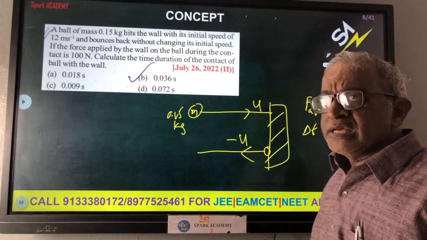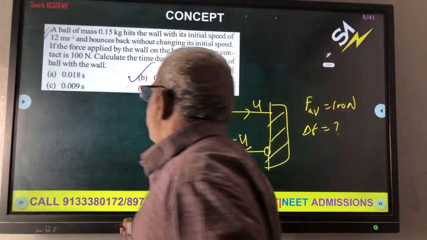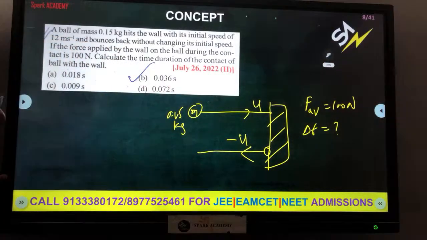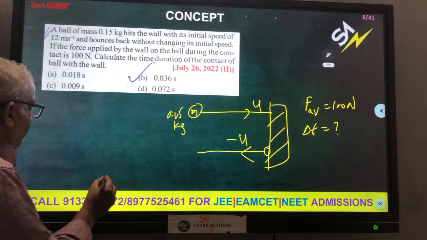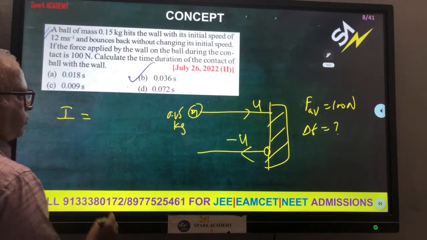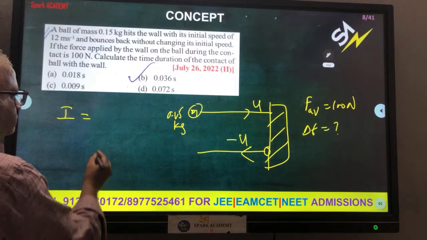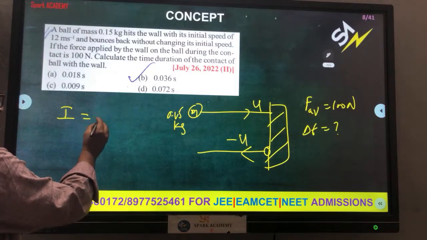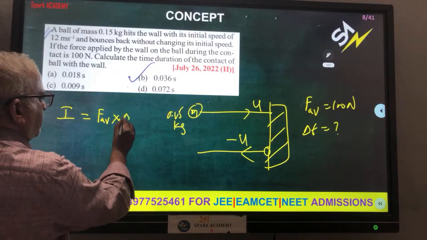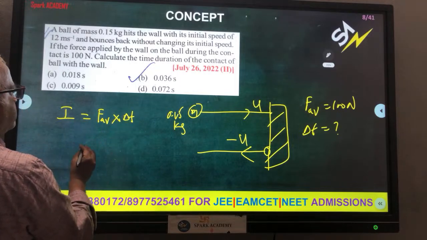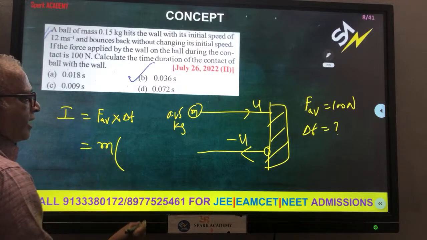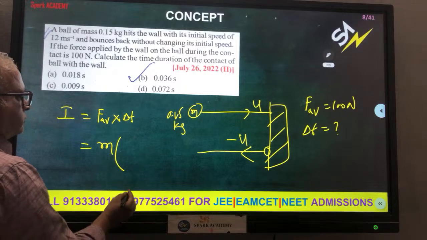I told you earlier in today's lecture in theory, impulse is equal to change in momentum. Impulse is also equal to the average force into delta T. Change in momentum means final momentum minus initial momentum.